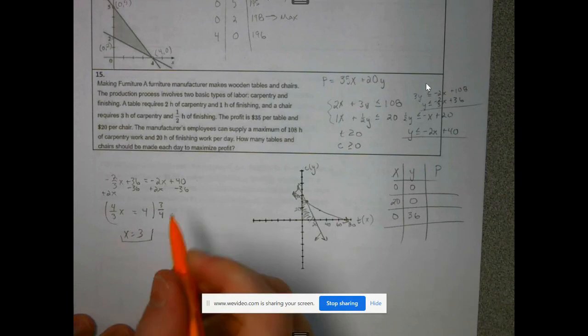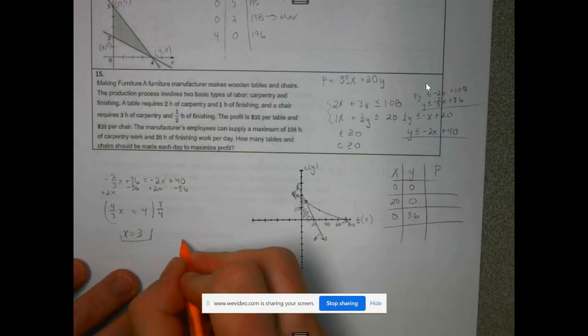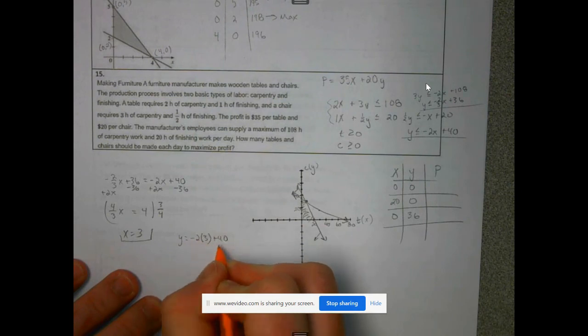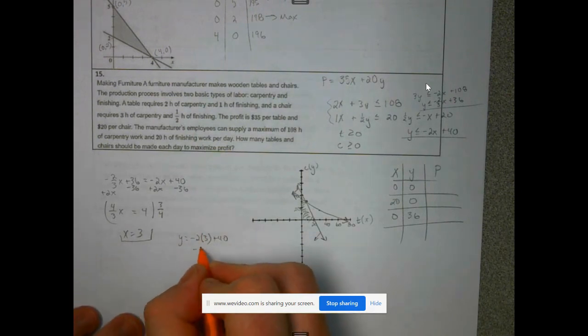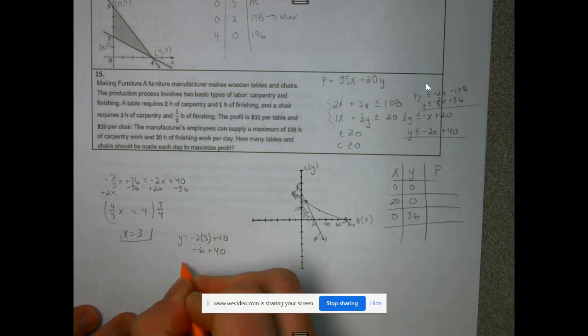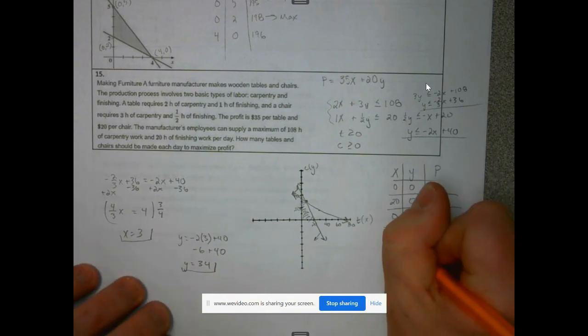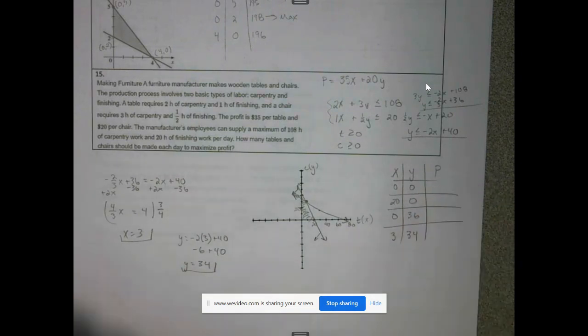And then we plug that back into one of the equations. So y equals negative 2 times 3 plus 40. So that's negative 6 plus 40, which is 34. So that's another ordered pair, 3, 34.